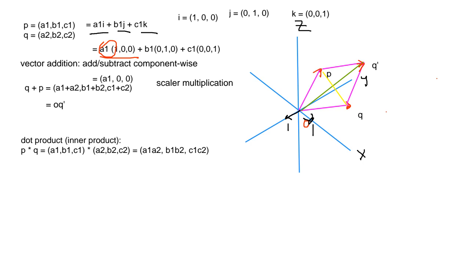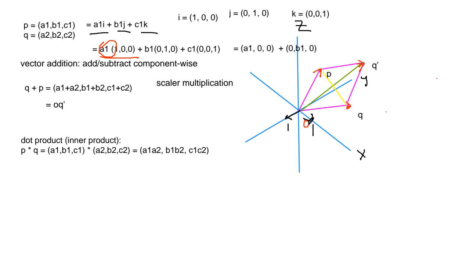Now plus. When we use ijk notation, it's always plus, unless the number is negative. Then B1 times 0, 1, 0 becomes 0, B1, 0. Let me put it back here to make it more obvious.